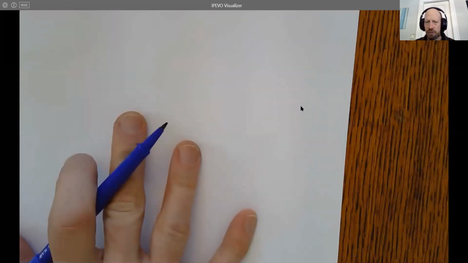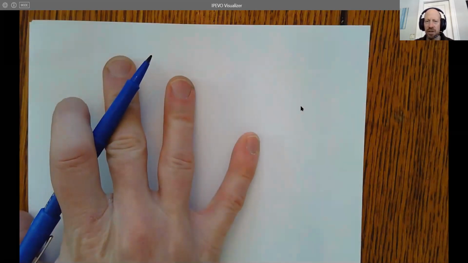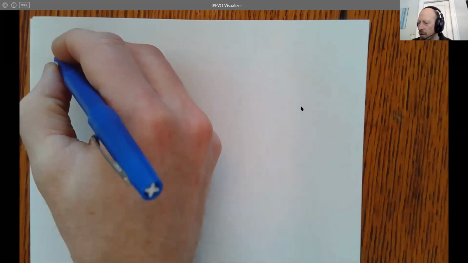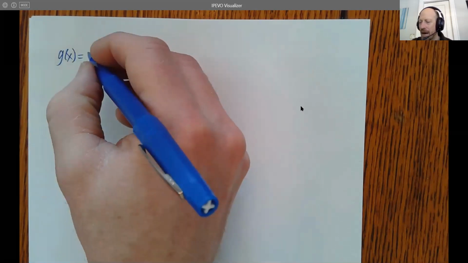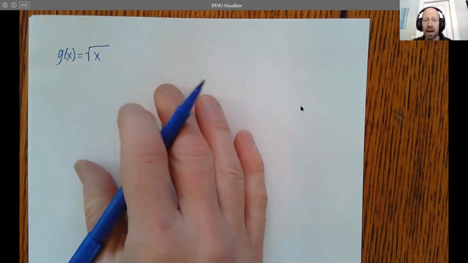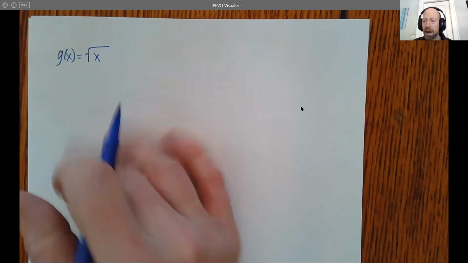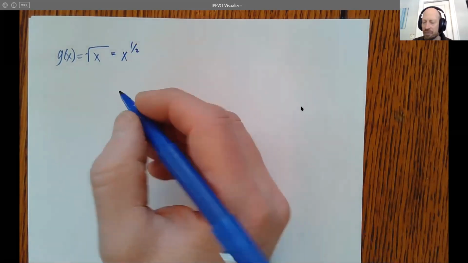One other function that I just want to mention in this section. Oh, two things I want to mention. We can also use that, it's called the power rule, for square roots and other types of non-whole number exponents. So remember, the square root is x to the 1/2.